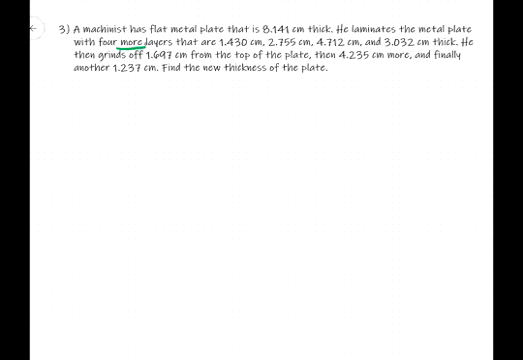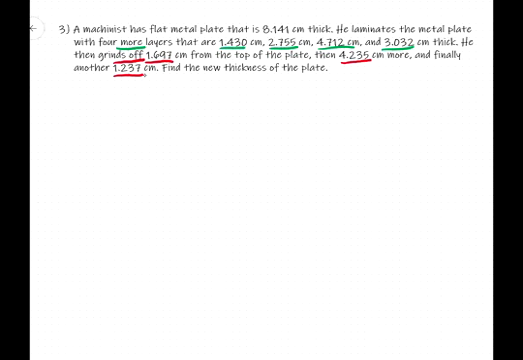He then grinds off, so grinds off, removes, subtracts. So let me do green for addition. I'm using green for addition and red for subtraction. He grinds off the 1.697, then 4.235, and finally another 1.237.